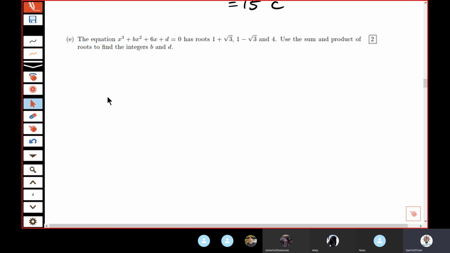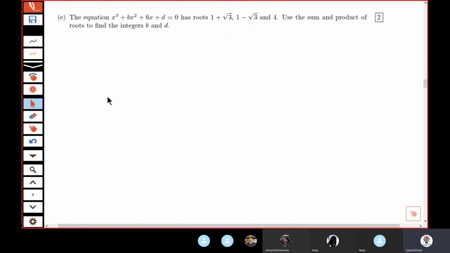The equation x cubed plus bx squared plus 6x plus d equals 0 has roots. Use the sum and product of roots to find the integers b and d. Oh, easy. Go. Shouldn't take you more than 90 seconds. Write fast, as fast as you can, seriously. Speed this one up.